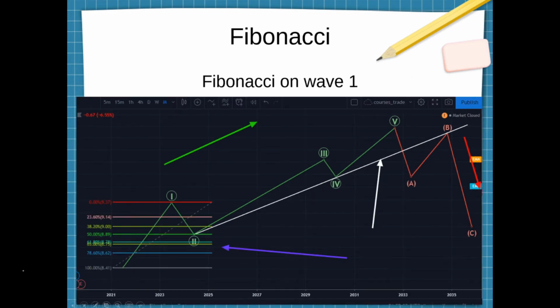So you're gonna use your Fibonacci tool in the first wave, and let's say that we retrace all the way down to 50%. Sometimes we retrace a little bit deeper, and then you use Fibonacci to enter this particular thing right there.